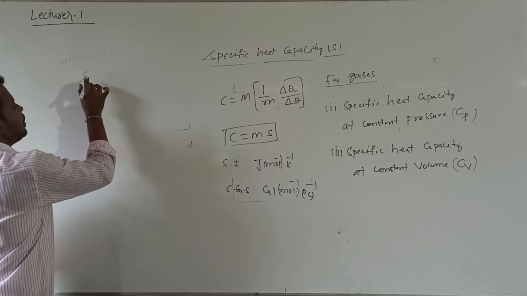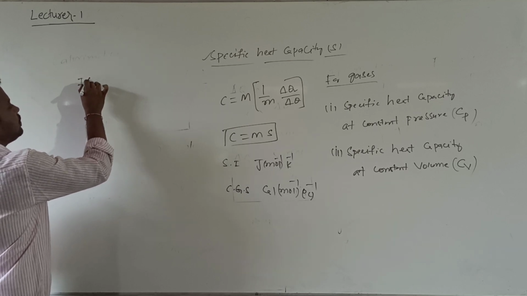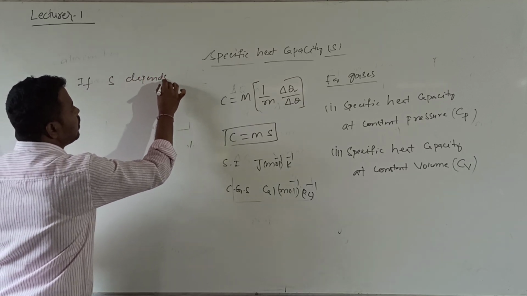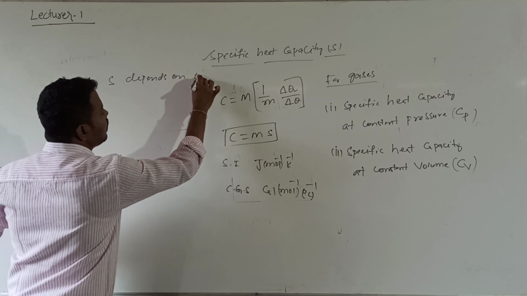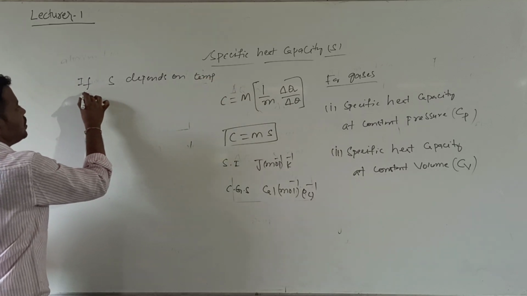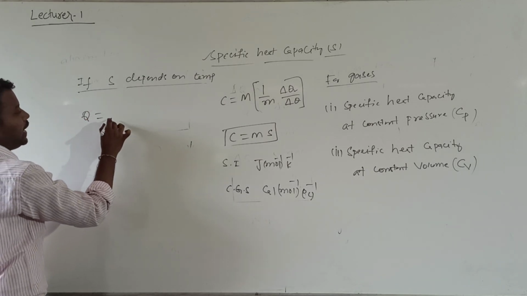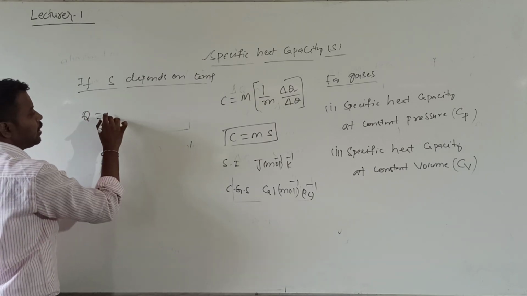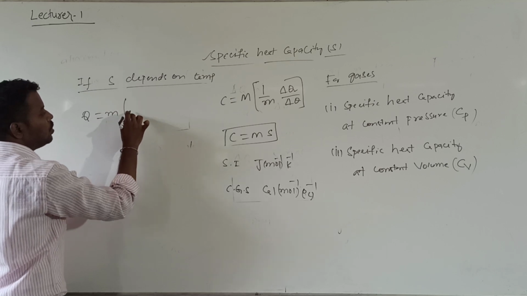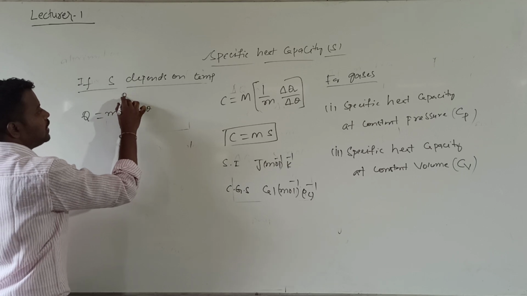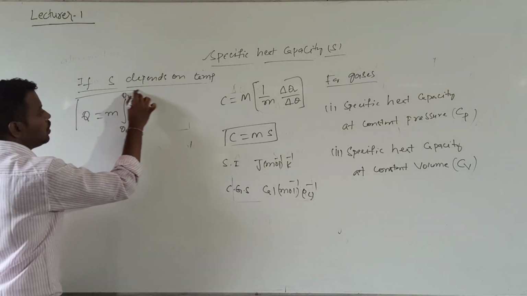If specific heat depends upon temperature, can I write it as simply temperature? What is the general formula for Q? Total heat supplied will be given by Q is equal to m into the integration of S d theta, with the temperature changing from theta 1 to theta 2.